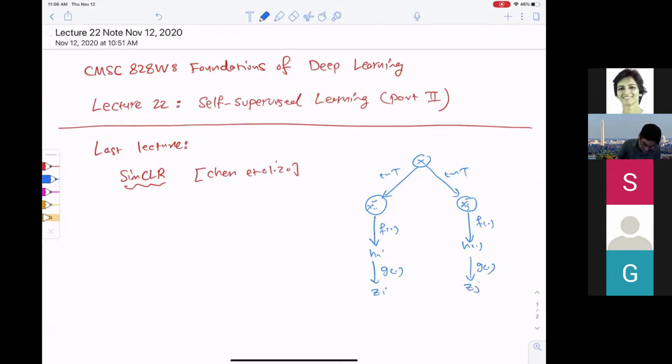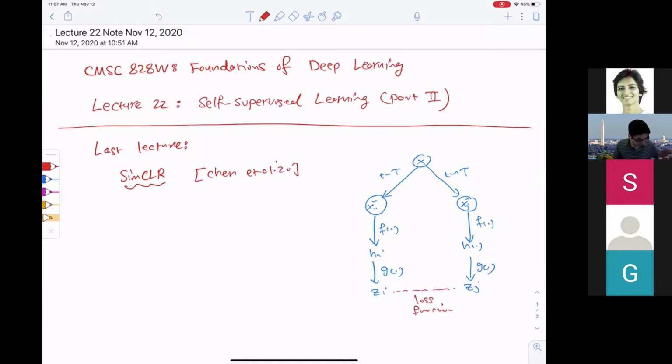And then they define the loss function based on similarities between pairs of Z's coming from two views for a particular image X. And we discussed the loss function. And the loss function is similar to other contrastive loss functions with some minor differences.